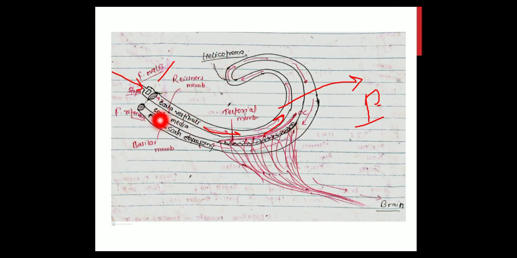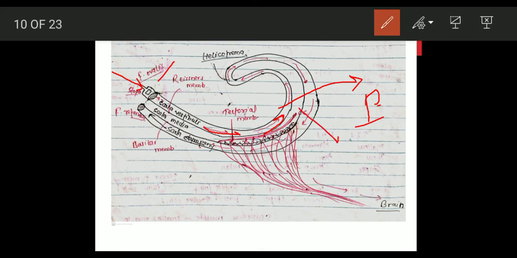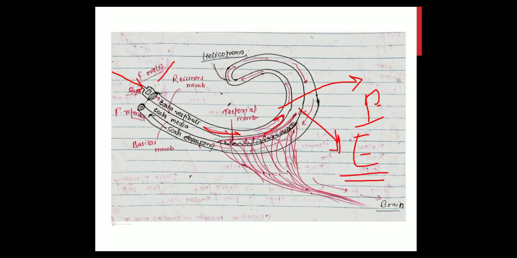In the scala media the fluid is very important: endolymph. Here the fluid is vibrated. There are cells called hair cells and supporting cells present in the scala media, which form the organ of Corti, which is responsible for the transduction of mechanical signals into electrical signals.